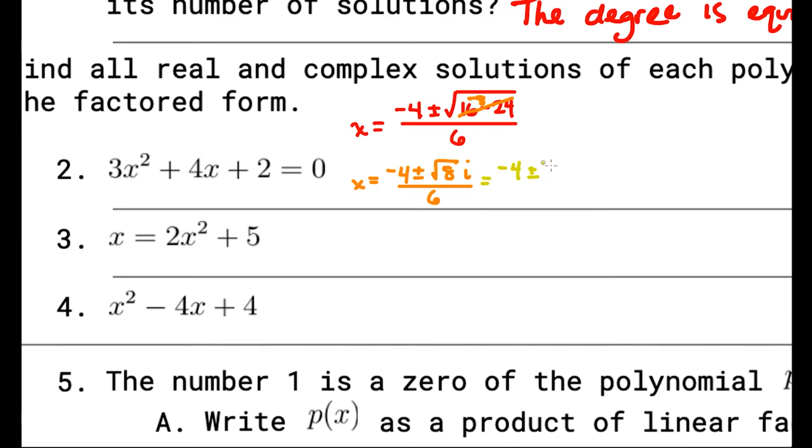So if you pull out the square root of 4, which is 2, you end up with 2 root 2 is equal to the square root of 8. It's i still there, and then we're dividing by 6. And we can simplify this by dividing the top and the bottom by 2. So this becomes 3, this becomes 1, this becomes negative 2. And your final answer is going to be negative 2/3 plus or minus root 2i over 3.